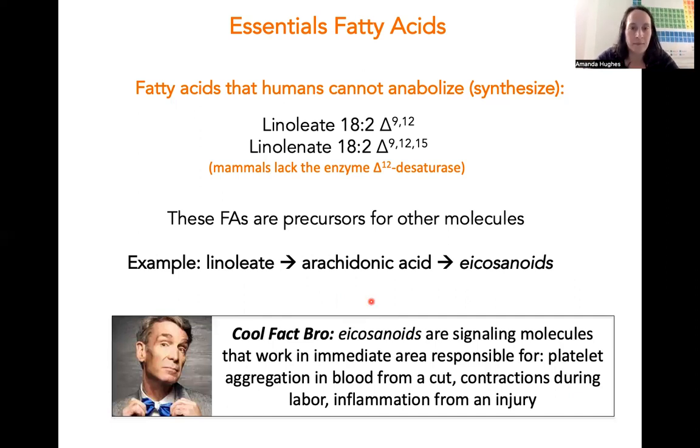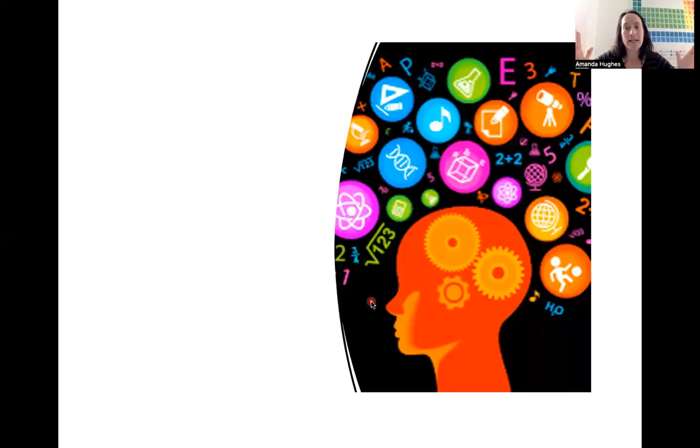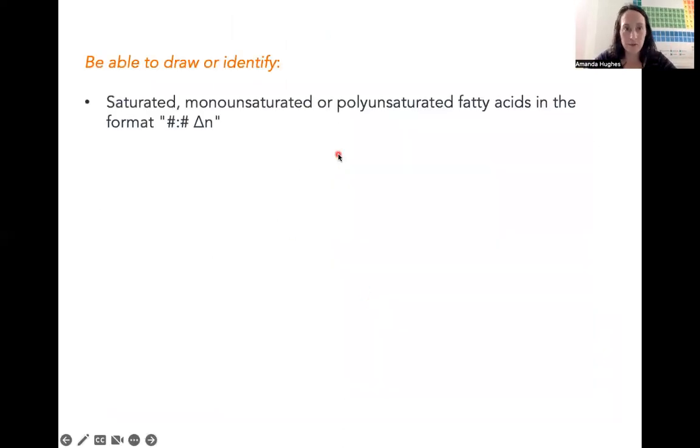So, okay. What are the big takeaways about fatty acid nomenclature? You should be able to draw or identify saturated, monounsaturated, and polyunsaturated fatty acids, and be able to convert between seeing the structure and writing it in this form. Remember where it's like number colon number, it's total carbons followed by number of double bonds, and this little n should be superscripted.